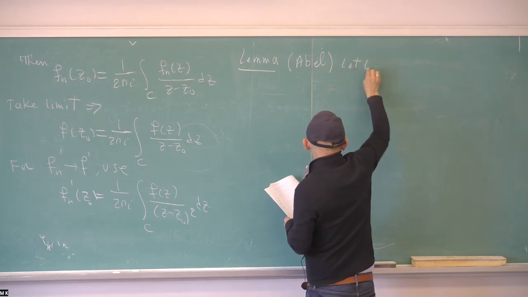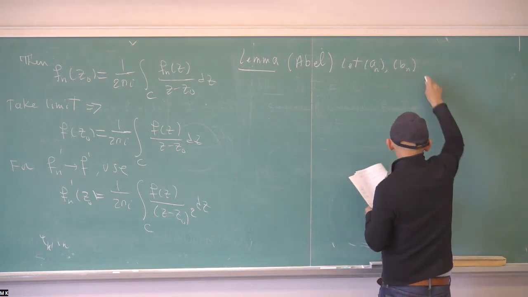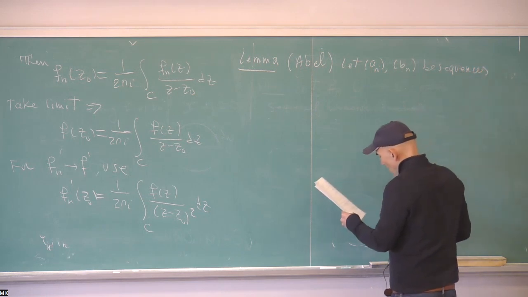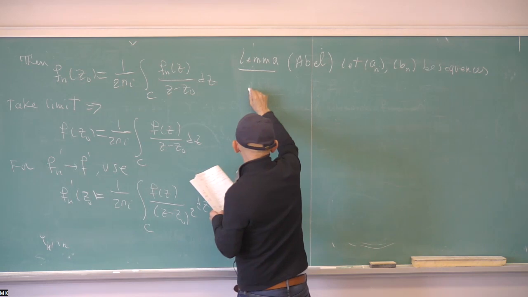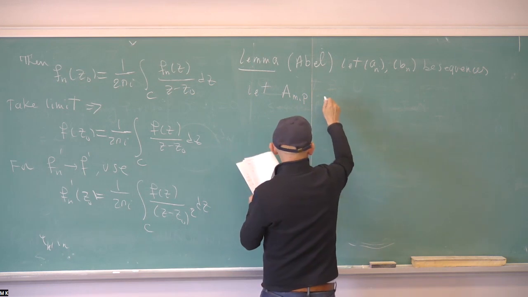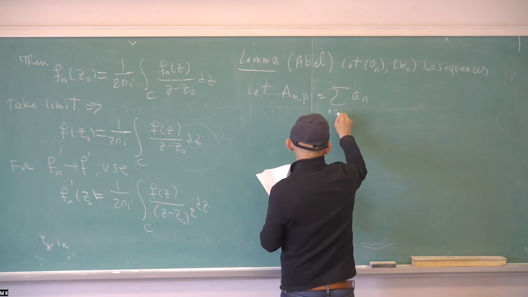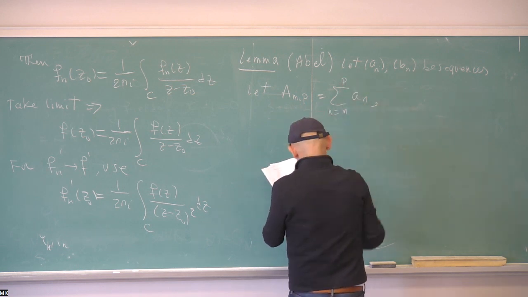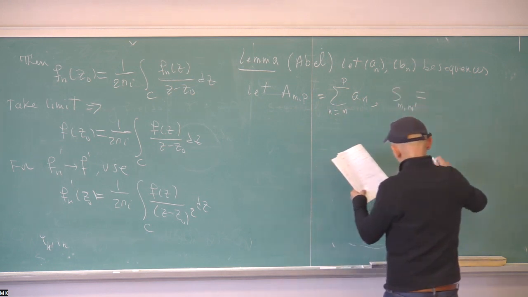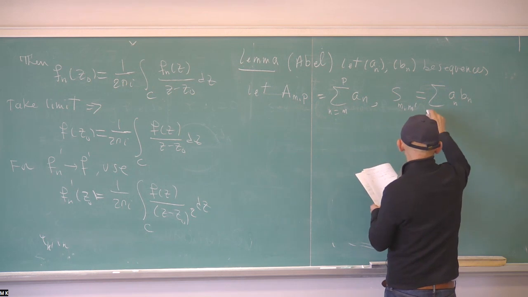So let A_n and B_n be these sequences. Let A_{M,P} be equal to the sum of A_n, these are sums over n from M to P, and S_{M,M'} is the sum of A_n B_n from M to M'.